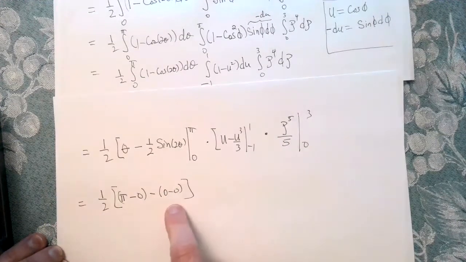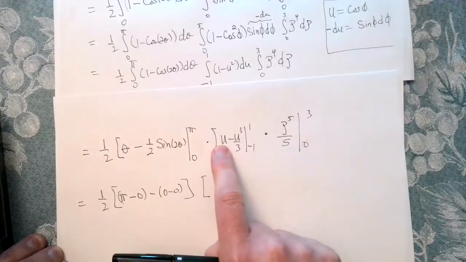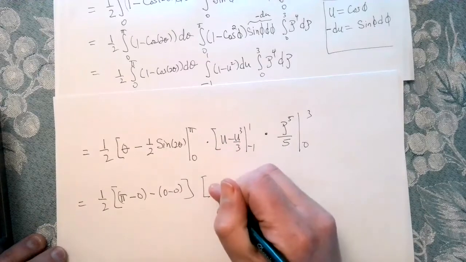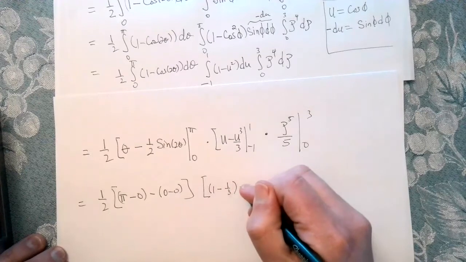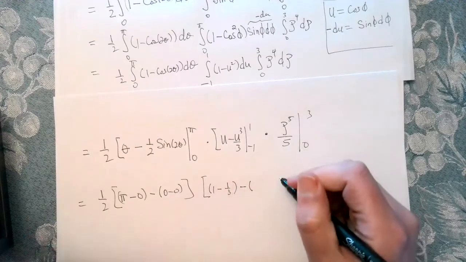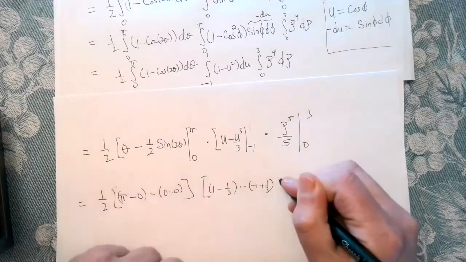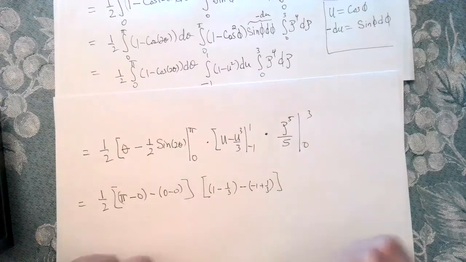So that's just going to give me a pi over 2. Now here, this is going to be 1 minus a third. And you're going to notice maybe some double negatives in a moment. So 1 minus a third minus 1 plus a third. So it's essentially this plus itself when you distribute the minus.